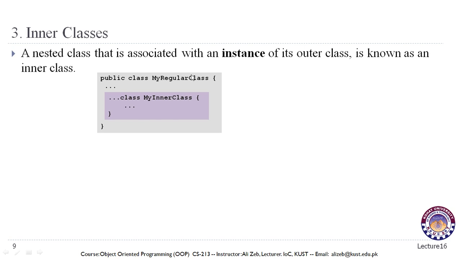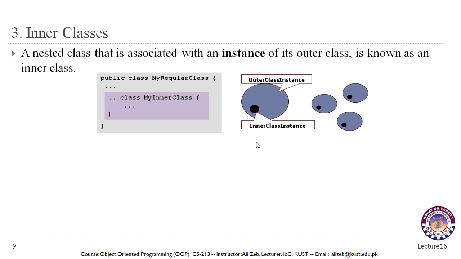For example, we have the outer class, and then we can enclose a non-static nested class inside the outer class, which is called the inner class. So this is our outer class, and we enclosed our inner class inside the outer class. These are completely enclosed inside the outer class.